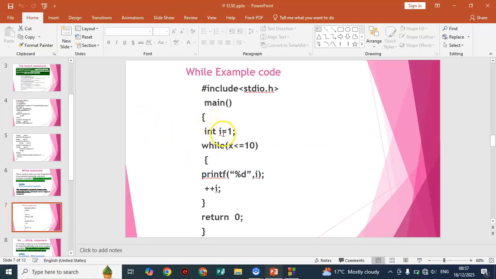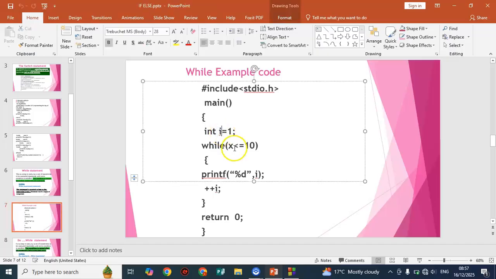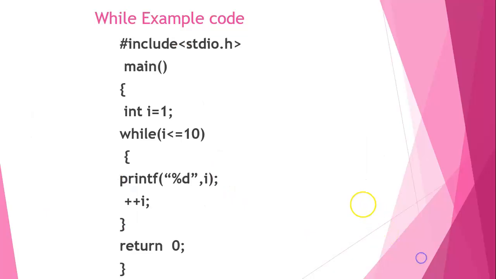In this case, let's say this is going to be I. We continue. So while I is less than or equal to 10, printf %d I. We are going to just output I here.